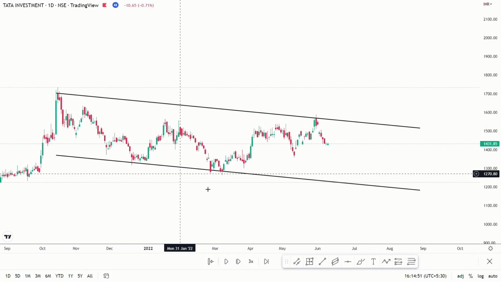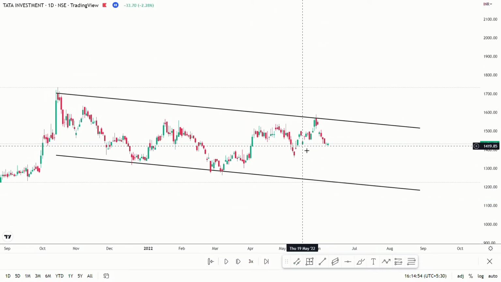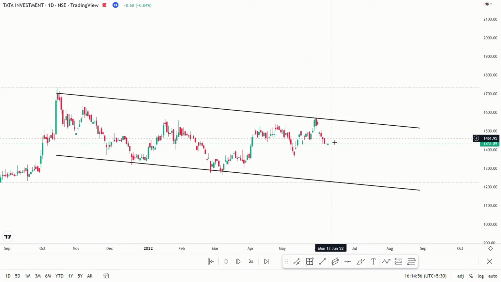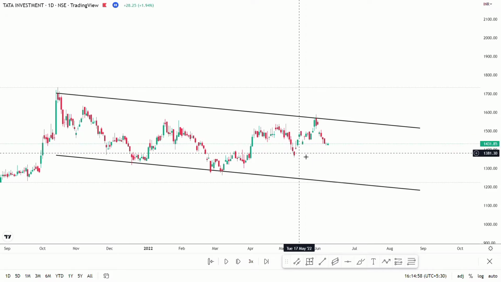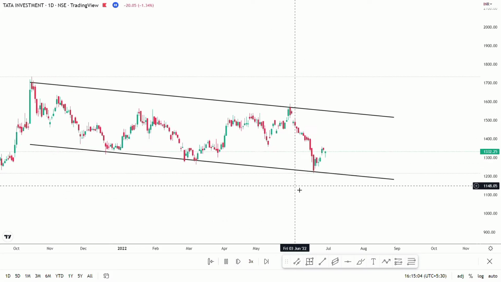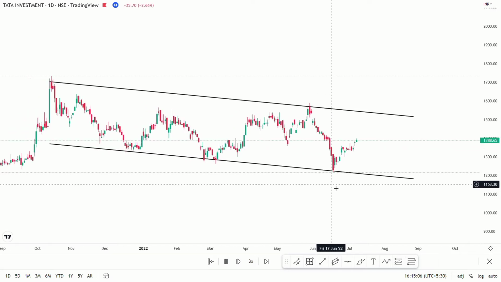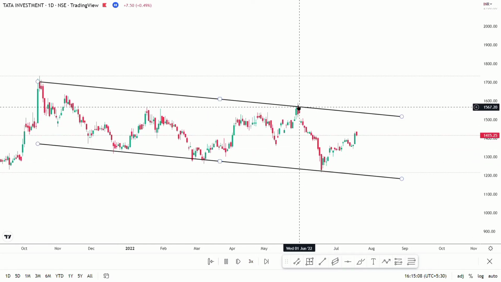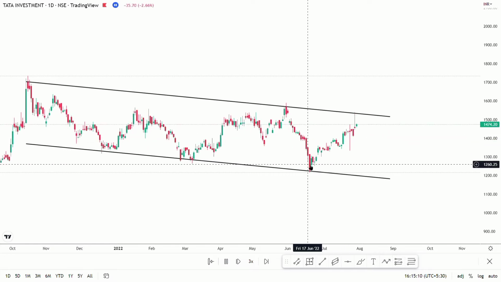This is the simple channel pattern that formed in Tata Investment in June 2022. So we are now going forward. As you see, the price has been following this channel.